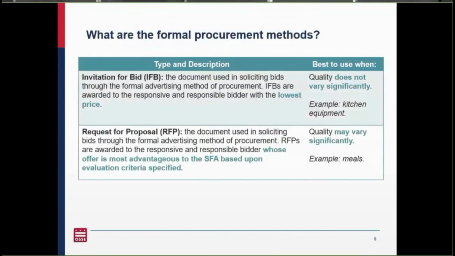Next, let's talk about what some of the formal procurement methods are. And before we dig into this chart here, I do want to just take a step back and talk about the difference between a food service management company and a vendor, because we're going to start using that terminology pretty quickly here.